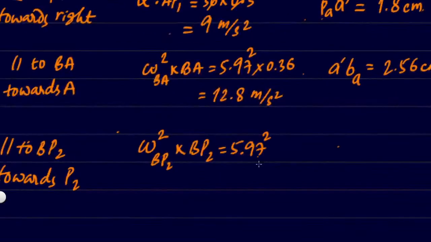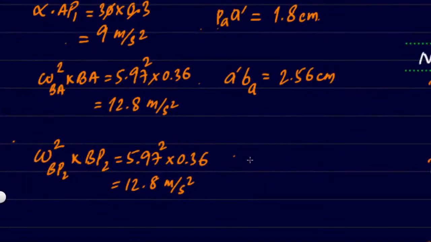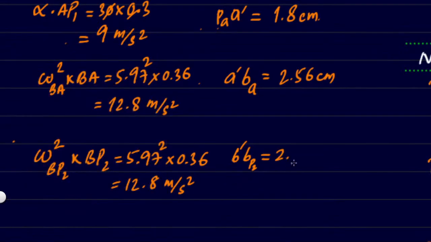The same way here we have to square it, and BP2 is also the same length, 0.36. So this 12.8 divided by 5 is 2.56, so 2.56 centimeters we have to take. Here the length will be from B dash to the temporary point BP2. Again we divide by 5 and get 2.56 centimeters.